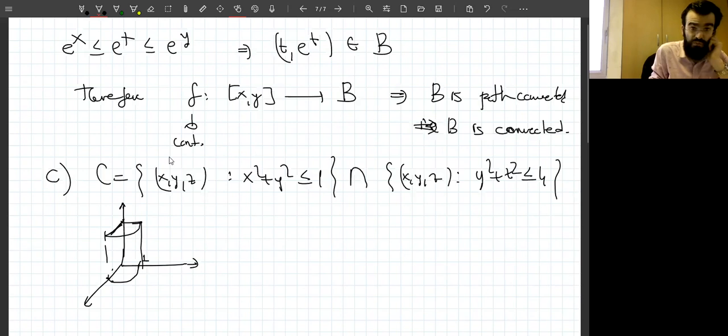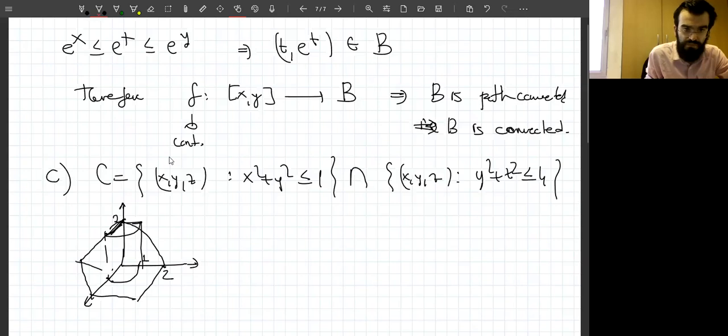And here is from this part, this is 2, and this is going like this. Sorry.